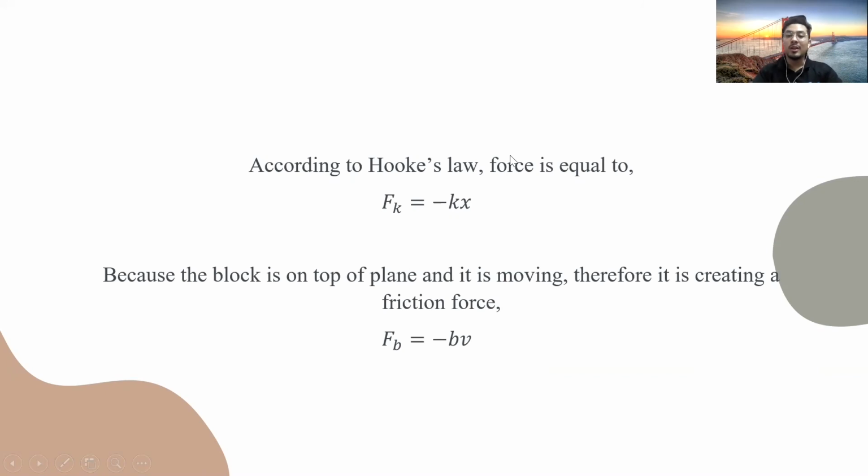According to Hooke's law, the force Fk equals negative kx, where k is the spring constant. And because the block is on top of a plane, and we know every object that is touching another will always create friction, Fb equals negative b times velocity, where b is the constant of friction.